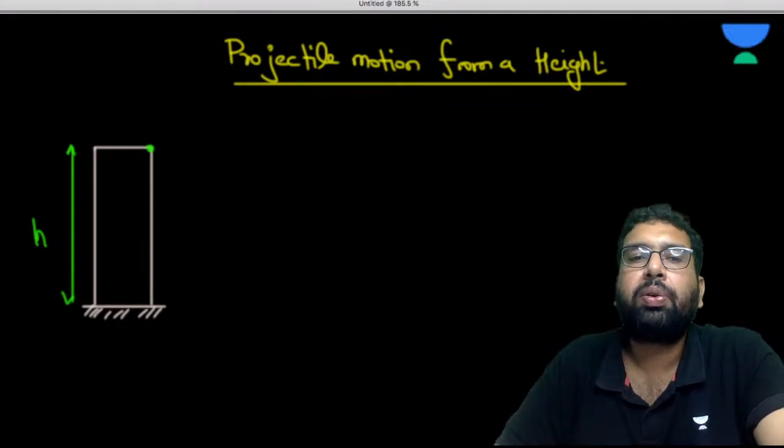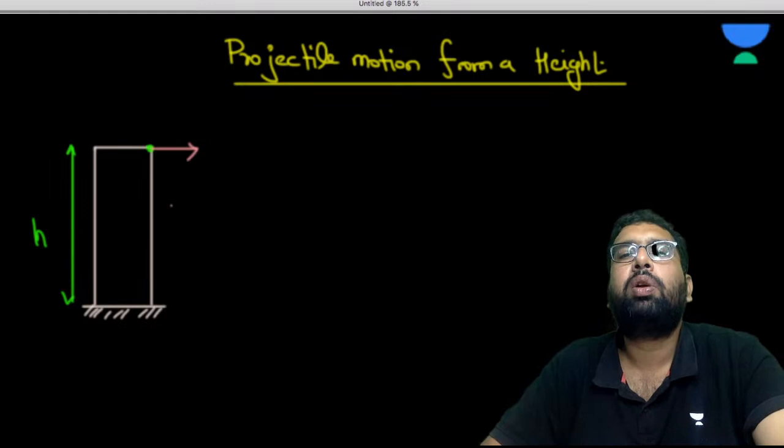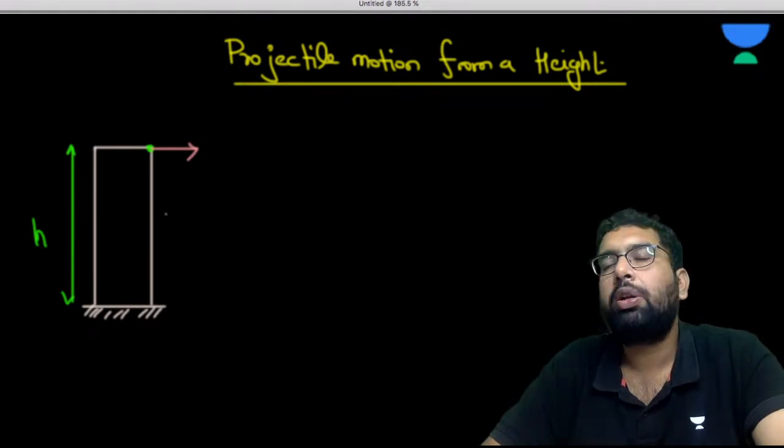Let's suppose it is thrown with a horizontal velocity, and obviously it can also have a velocity with some inclination to the horizontal.